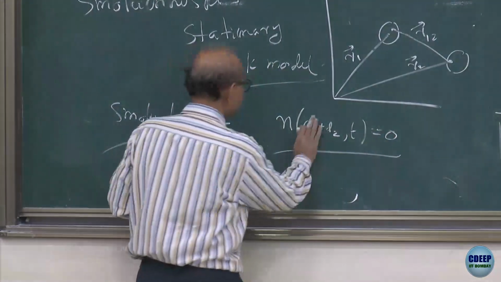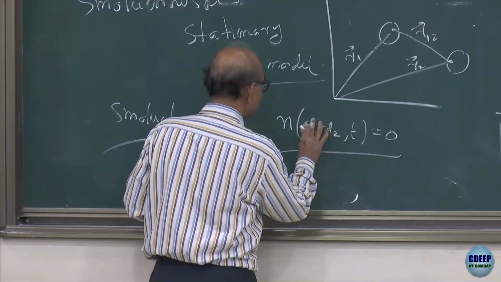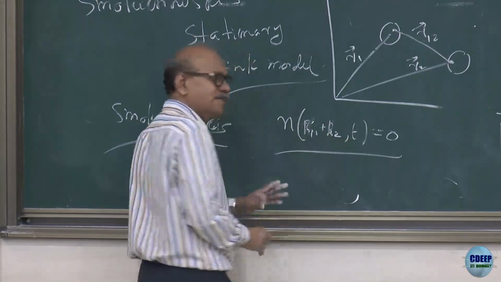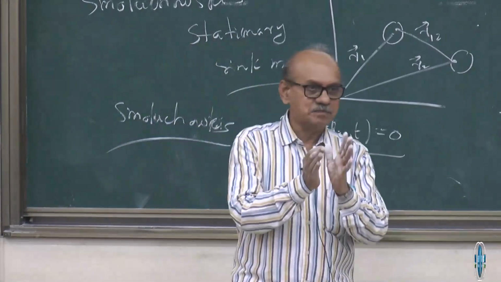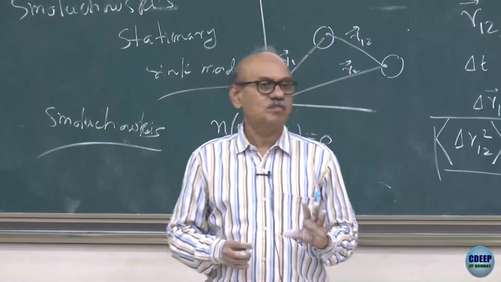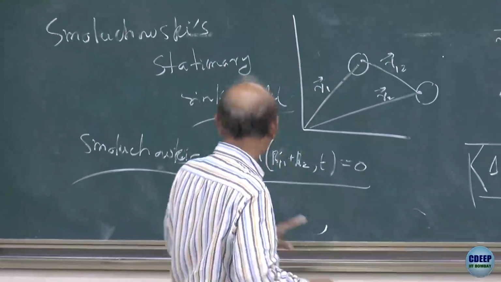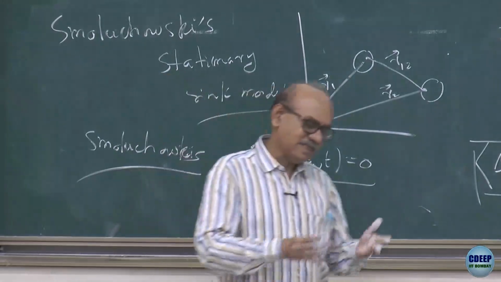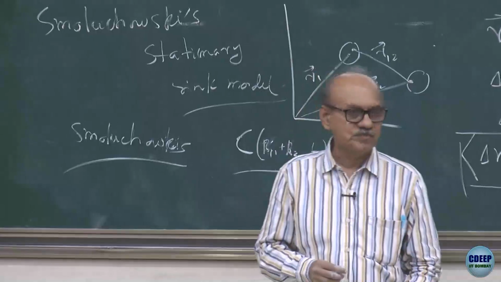It is not D1 plus D2, I must say r1 plus r2. If the radius is r1, held at some point. Basically, at the point of contact, we hold the concentration as 0. I can say C or N, okay. You meant this, right? Yeah, C, let us say C, concentration as 0.